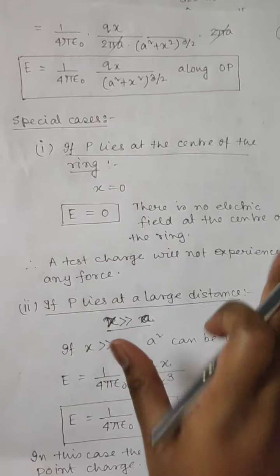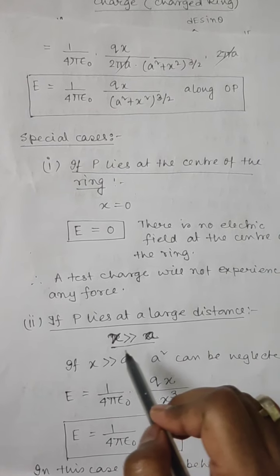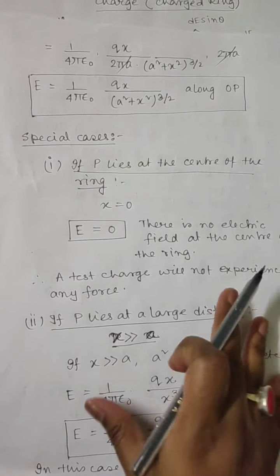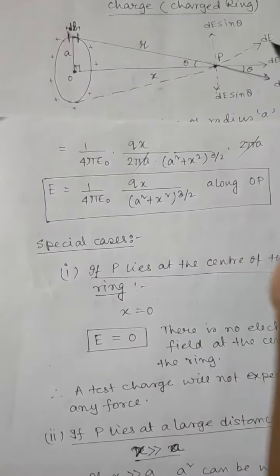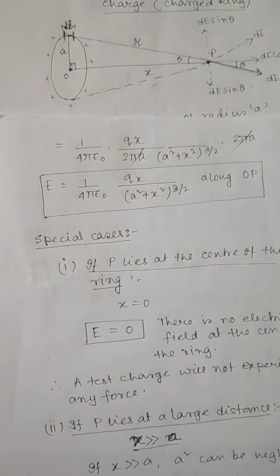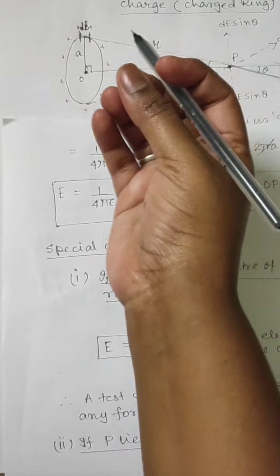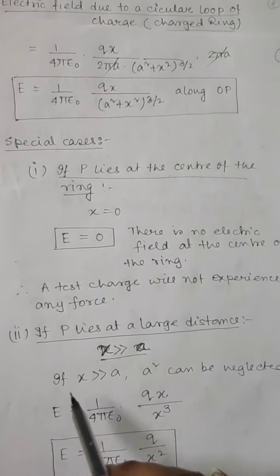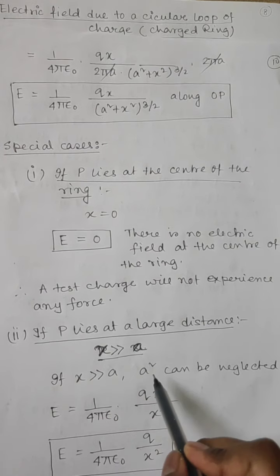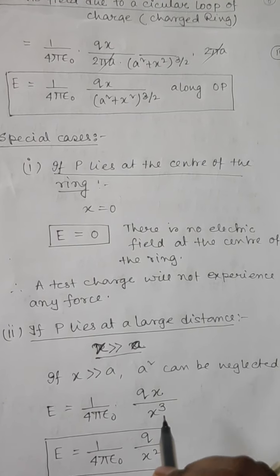In case 2, if P lies at a larger distance, that is x is much greater than a. Now if this value x is very larger than a, then what will happen? This ring will appear as a mere point. So if x is much larger than a, then a square can be neglected because a is itself a smaller quantity.